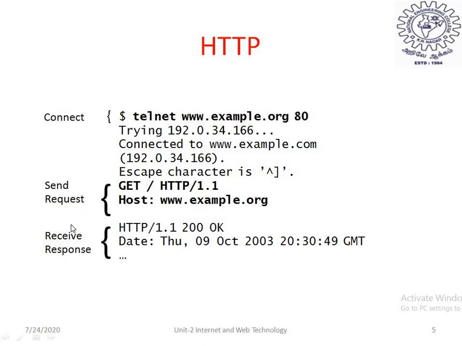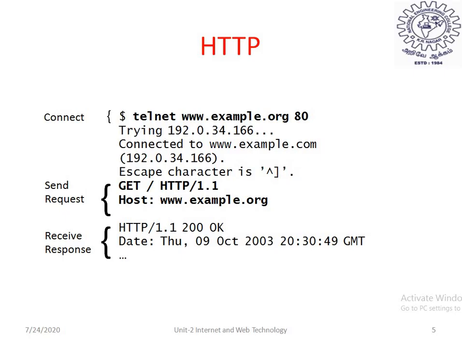On the response side, again HTTP and version 1.1. 200 denotes that the resource requested from the server is currently available, which means the status code will be 200.